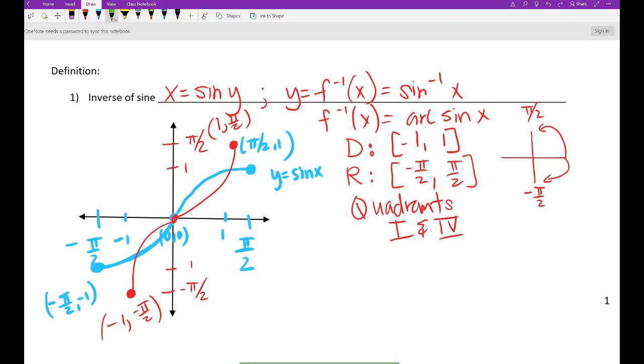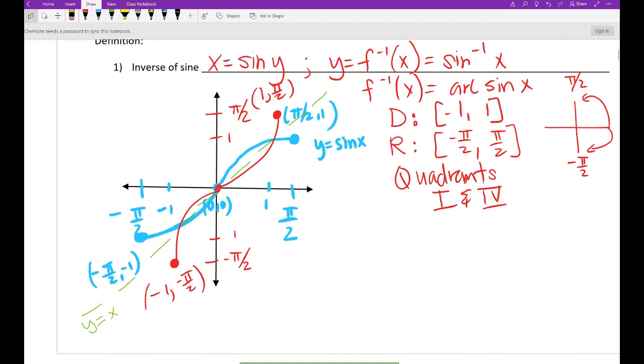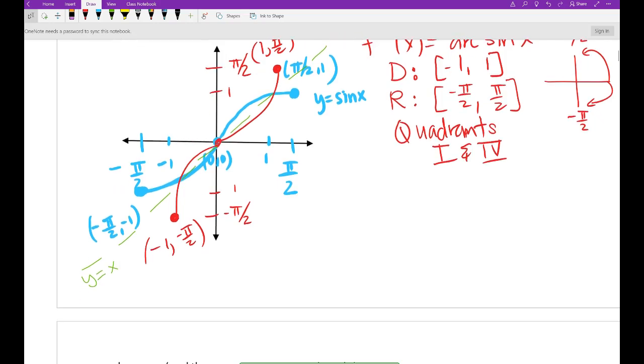Now, there's a line in your definition of inverse. What line is this? Right. If I'm a perfect person and I graph this out perfectly, does it look like it might be symmetrical? Yeah. So that's really what it means to be an inverse of the original.